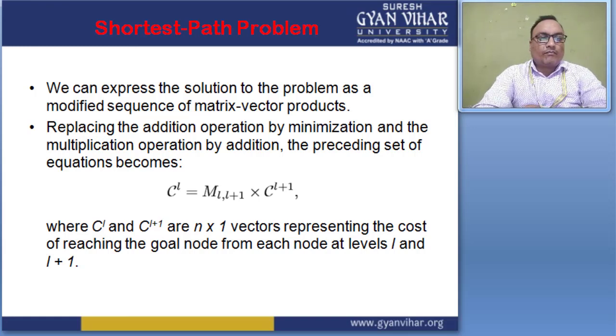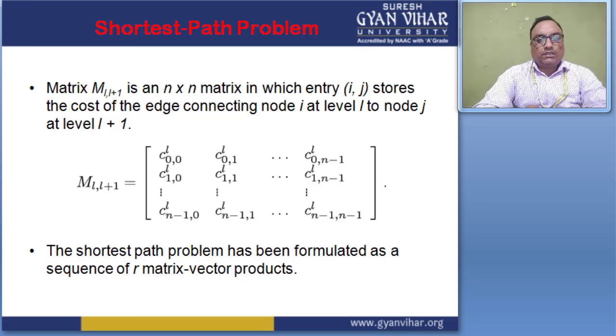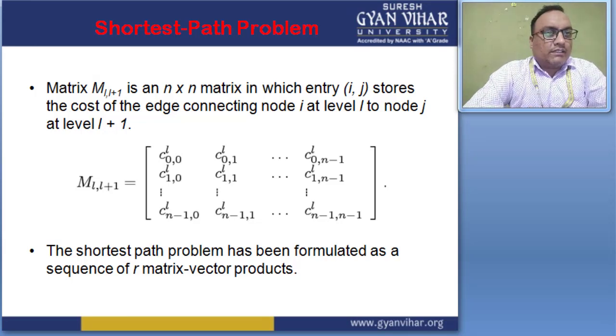So these are the different types of cost associated with this shortest path problem, right? And this is the matrix M(l,l+1) for the different costs.